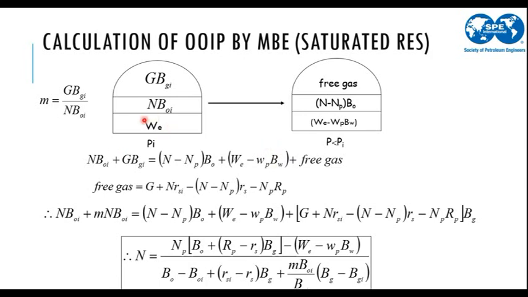Actually, WE here doesn't need to be multiplied by beta W, because WE is already at the reservoir condition. This is the volume of the water at the reservoir condition.